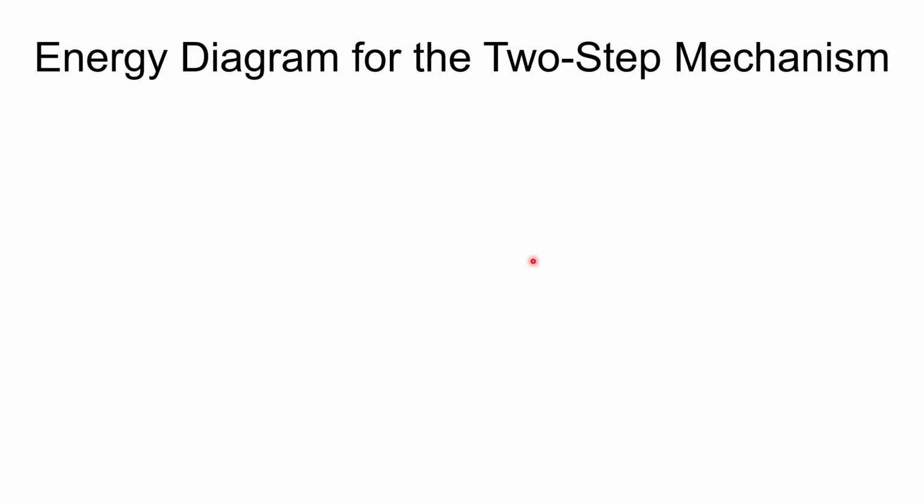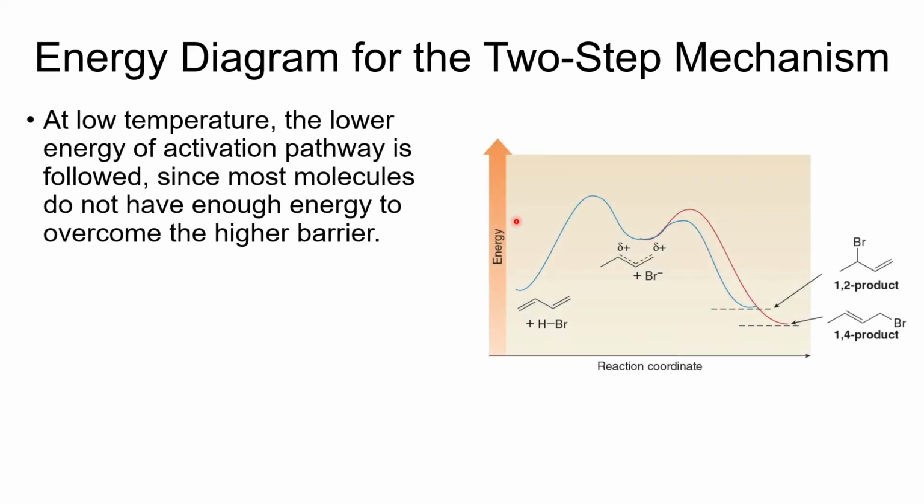All right, and now I want to put it all together so you can see the energy diagram for the whole process. So as I mentioned, the first step is the rate determining step. It has the largest activation energy of our 2 steps, regardless of what our second step is.